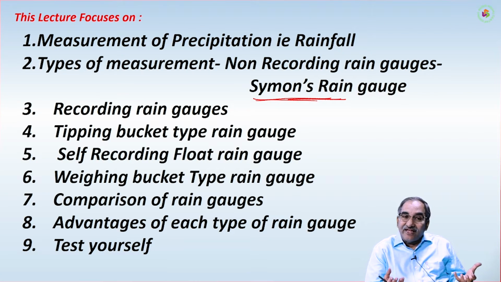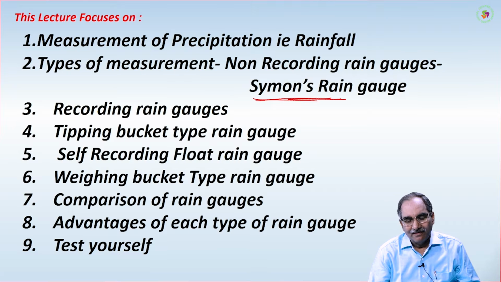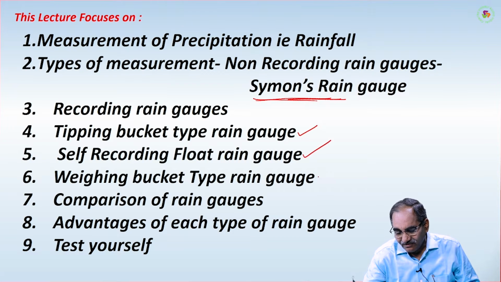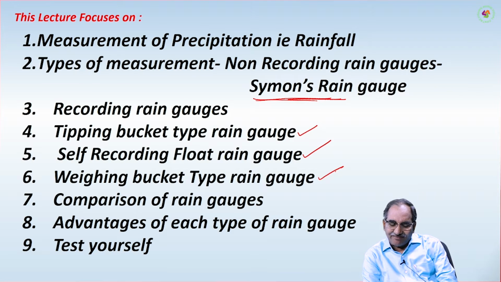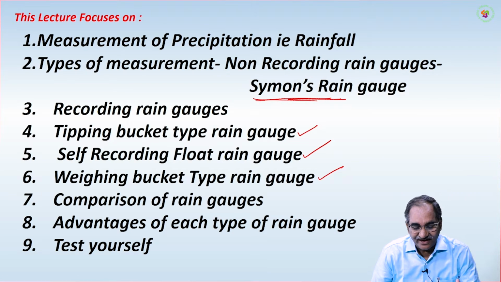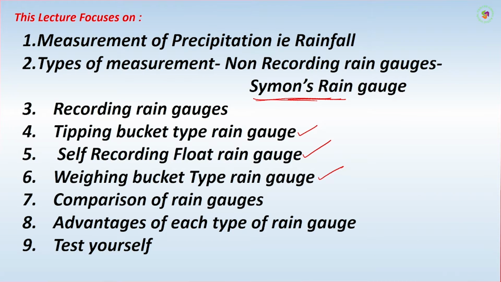The recording rain gauges record by themselves. They are all self-recording. In the self-recording rain gauges, we have three. One is the tipping bucket type. The second one is the self-recording float type rain gauge. The third one is the weighing bucket rain gauge. So these are the three recording rain gauges, whereas the Siemens rain gauge is the non-recording rain gauge.